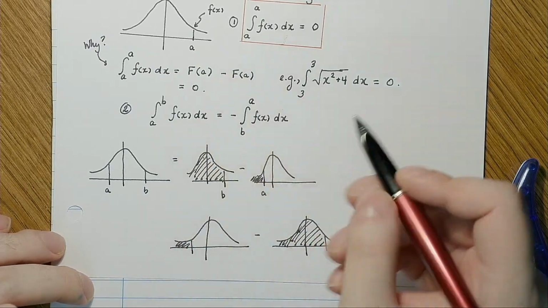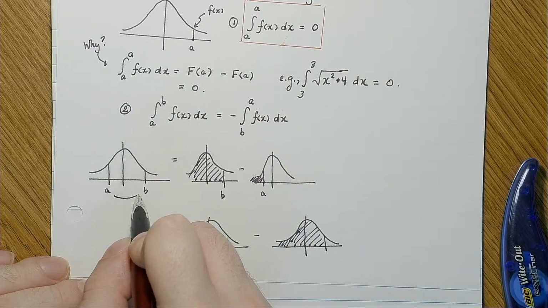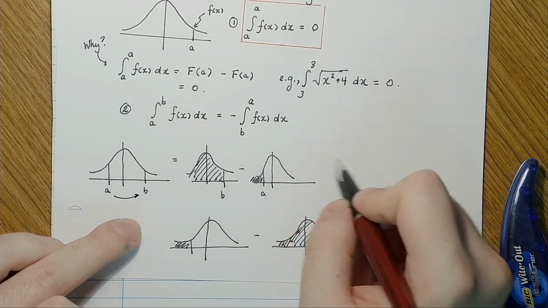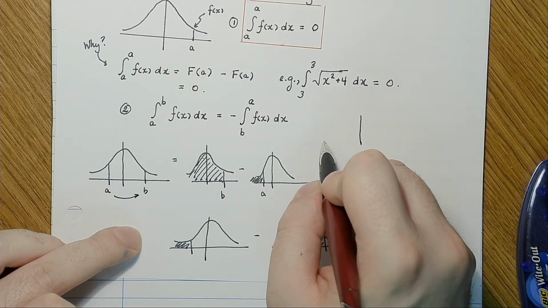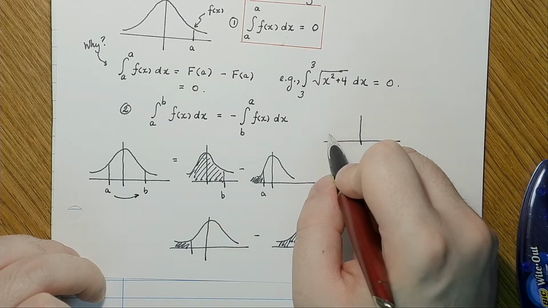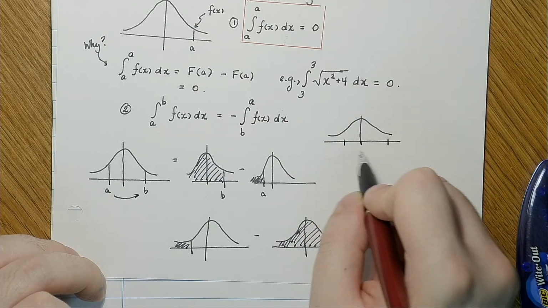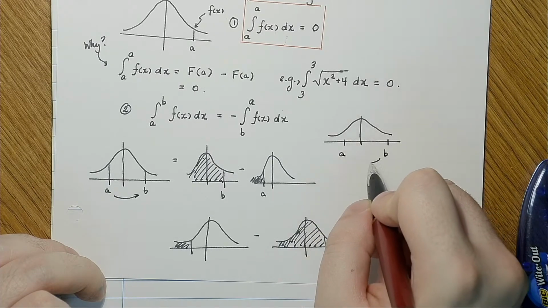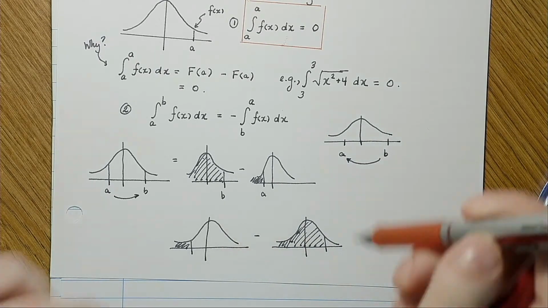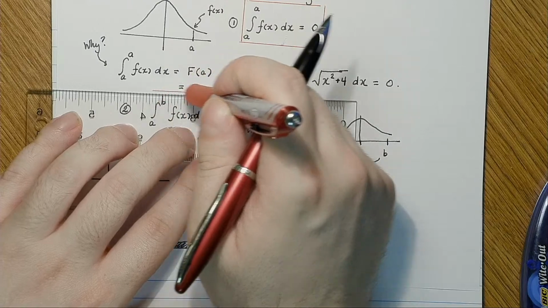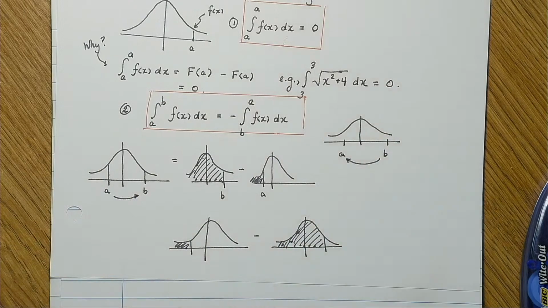So again, instead of going from A to B, in this one, it's going from B to A. So that gives me the positive. Or if I do it this way, now I'm going to get negative area.